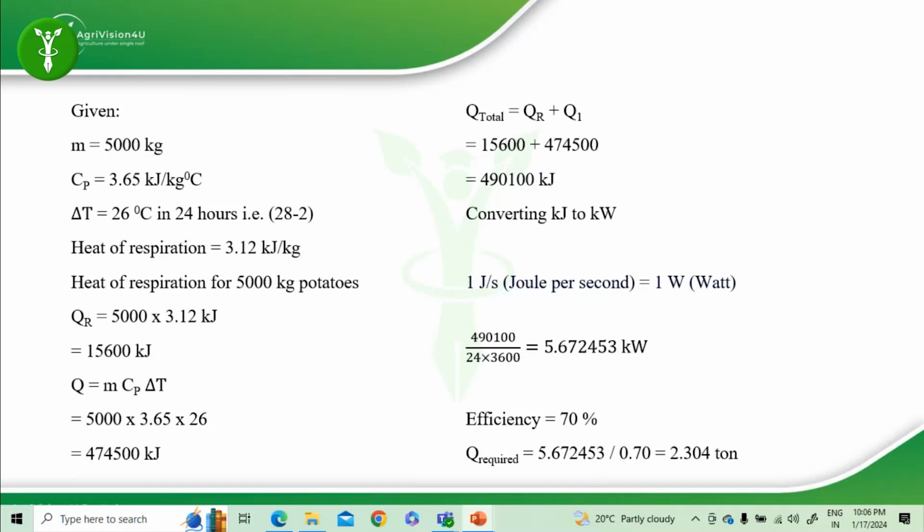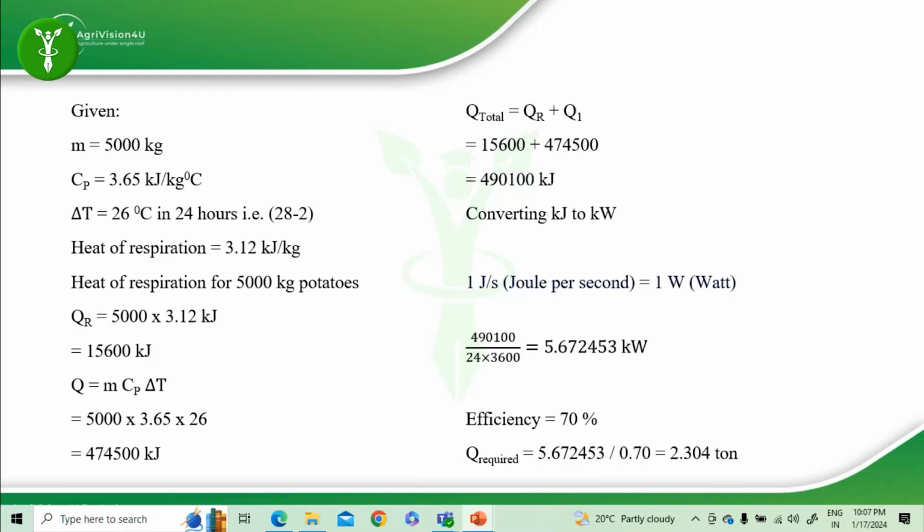So we will be converting this kilojoule to kilowatt. 1 joule per second is equal to 1 watt, so the conversion is all the same. But what we have to do is convert it to a per second basis, since this is for 24 hours. This temperature difference del T of 26 degrees Celsius is in 24 hours, so we will be converting it to per second.